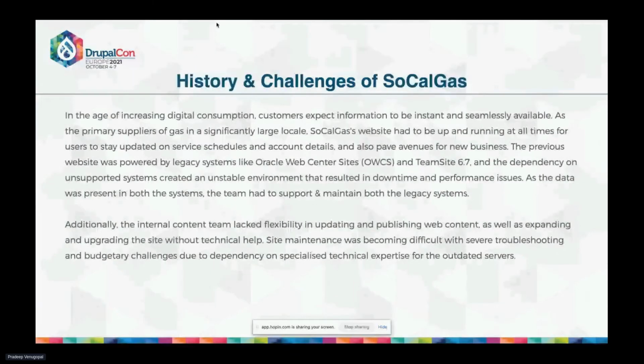So let me talk about some of the challenges that we had in our previous system. Before we could improve the site experience for our customers, we needed to move away from our legacy content management platform. There was so much technical debt associated with this platform that we were encountering weekly site outages and difficulty even doing simple content updates.